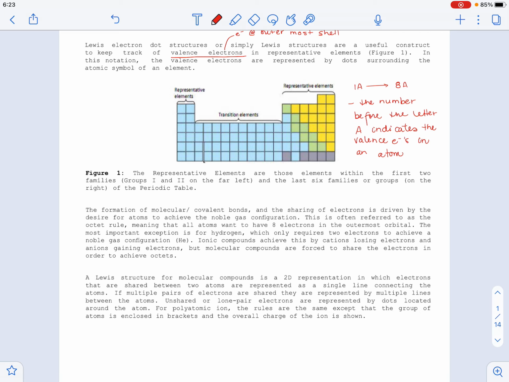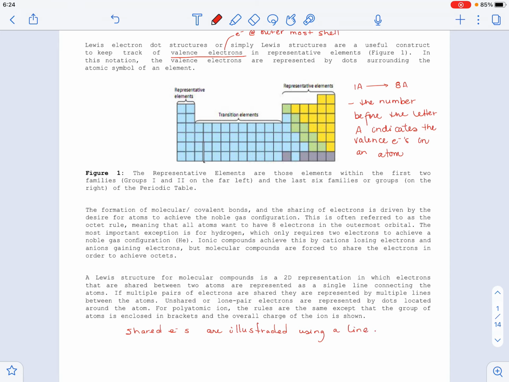Now, understand that a Lewis structure for a molecular compound is actually a two-dimensional representation in which, as I mentioned a few moments ago, the electrons are shared. Whenever we have shared electrons, they are illustrated using a line.